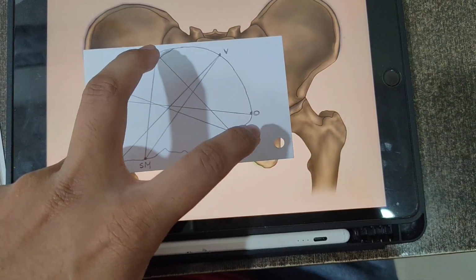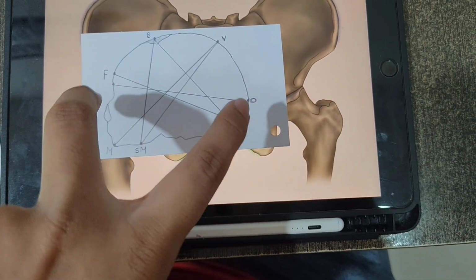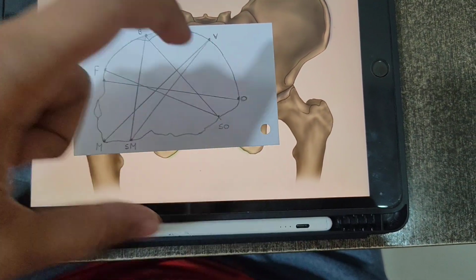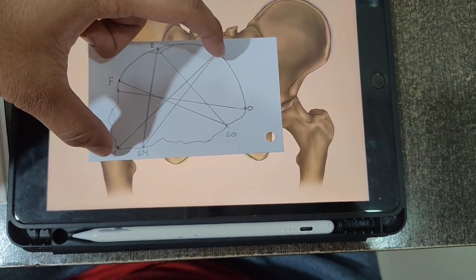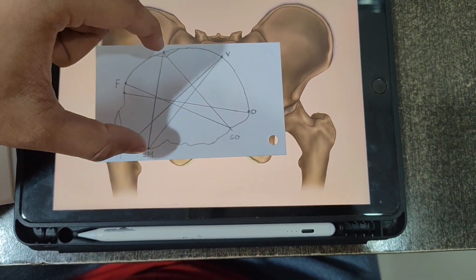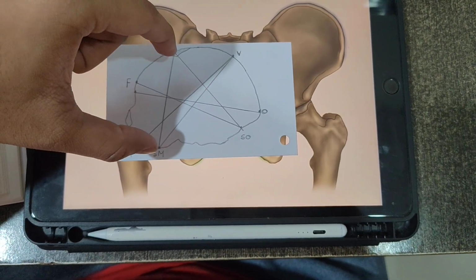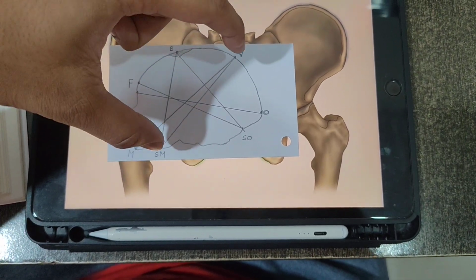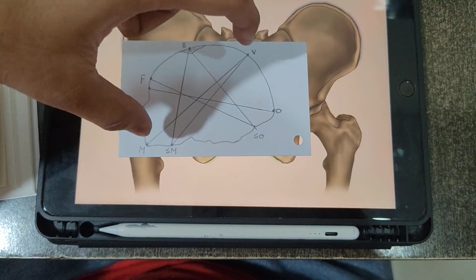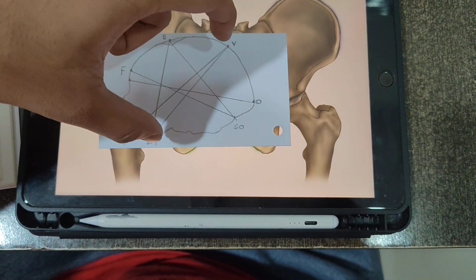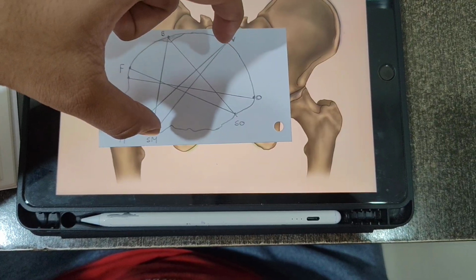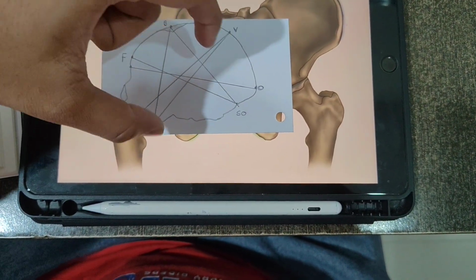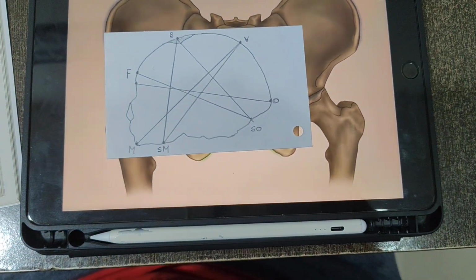So we have 9.5, 10, jump 11.5, big jump 14. We go back short again, from mento-vertical to submento-vertical, which is 11.5.